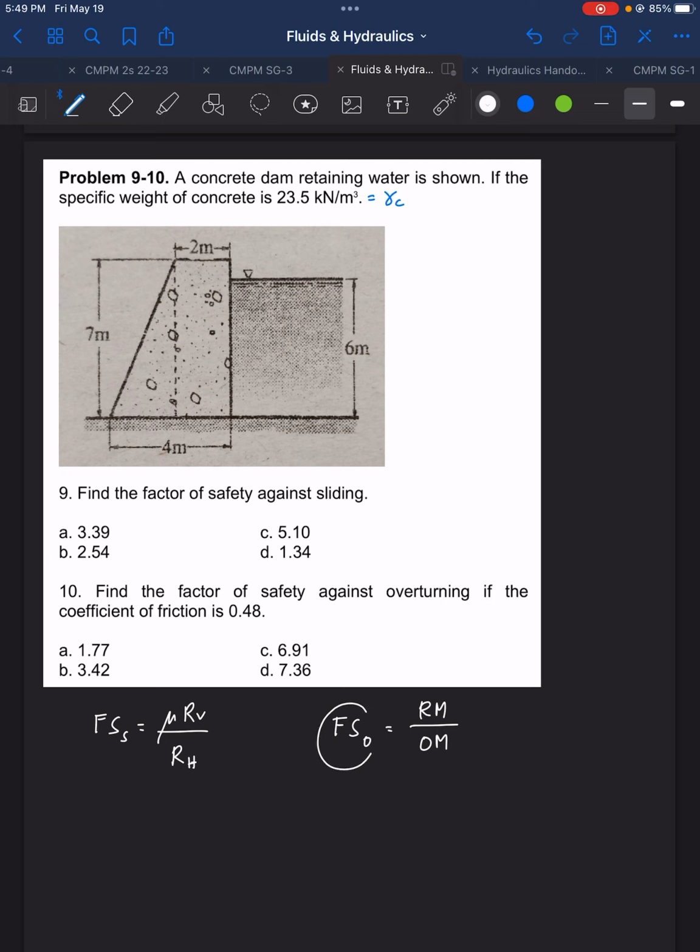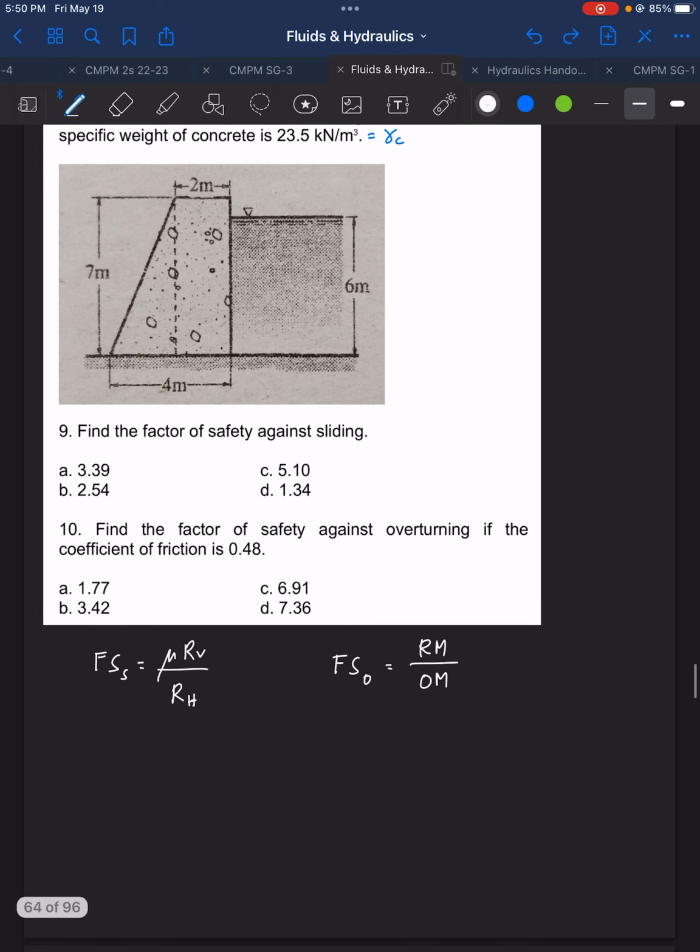If your factor of safety is below 1, that means OM is bigger than RM. So for a safer structure, RM should be greater than OM. And for factor of safety against sliding, mu RB should be greater than the horizontal force.